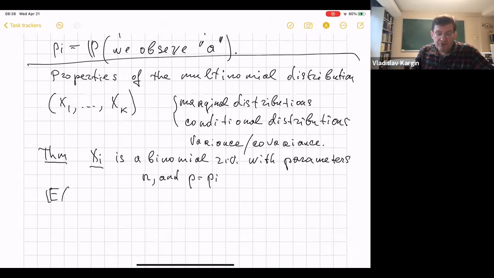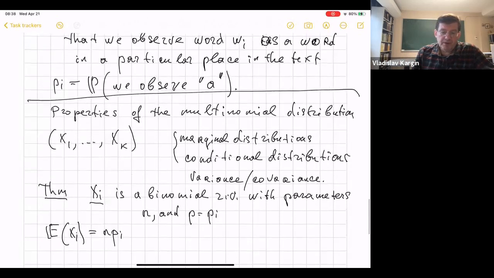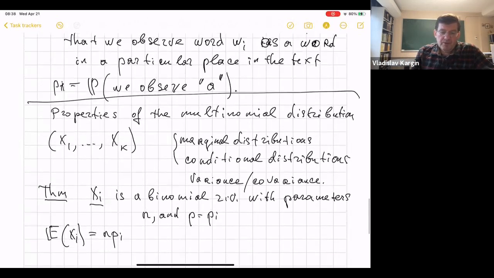So the expectation of Xi is equal to n pi. In our example, if p1 is the probability that you observe the word a, the article a, what's the expected number of these words a in the text?